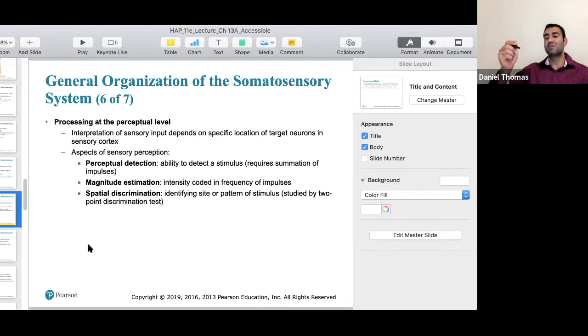They take a felt tip pen, they poke you, and then you touch where you think the stimulus was, and then they measure how far that distance was. So spatial discrimination means that you are going to know where the stimulus was applied and in what pattern.